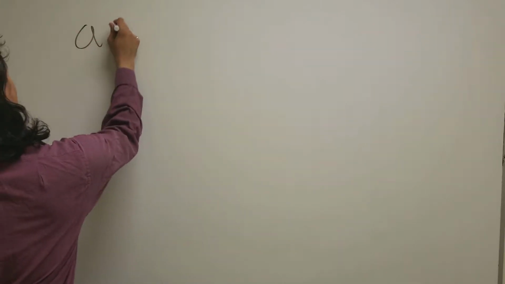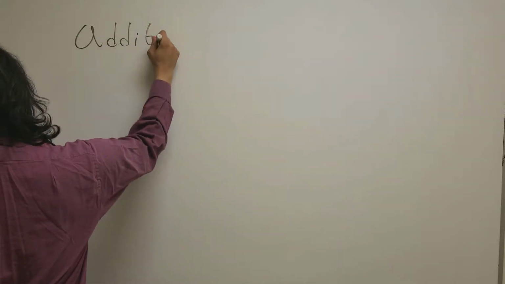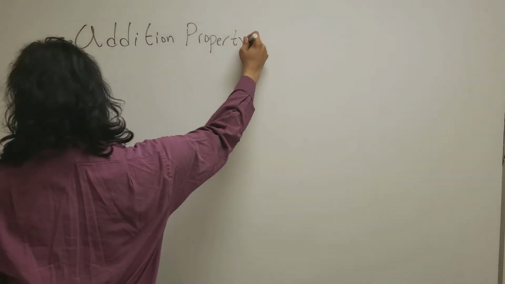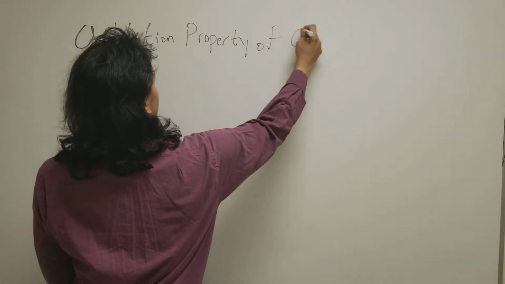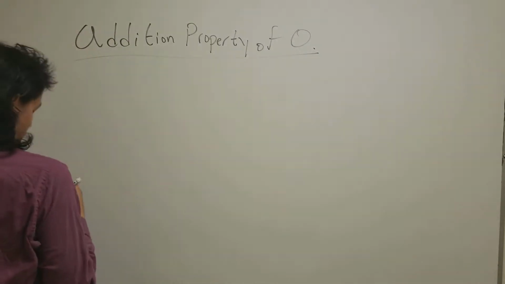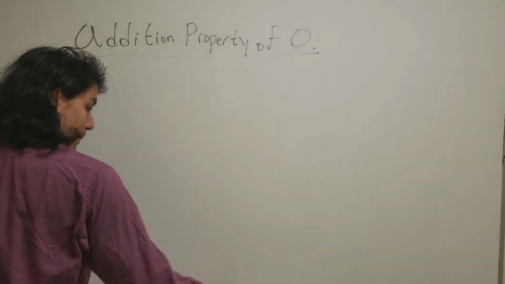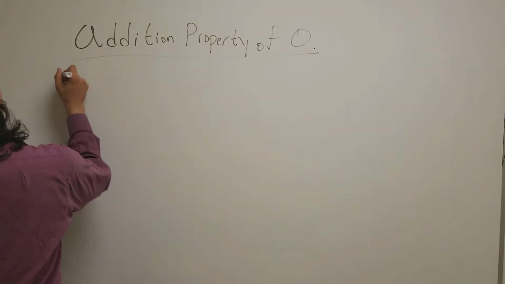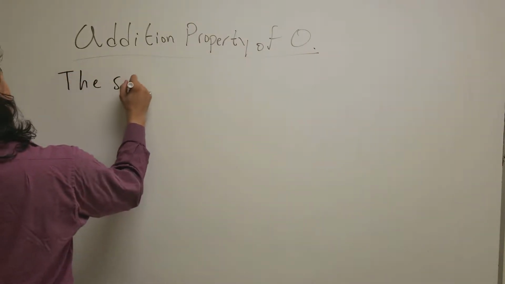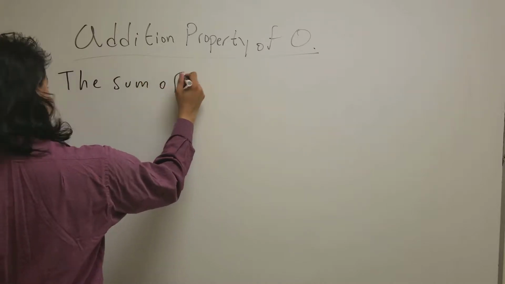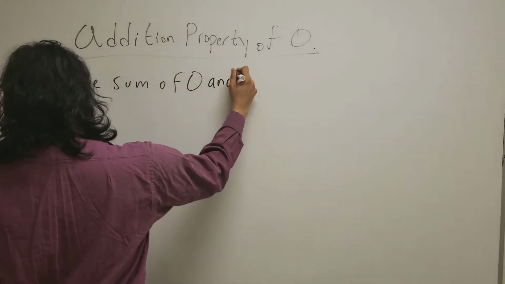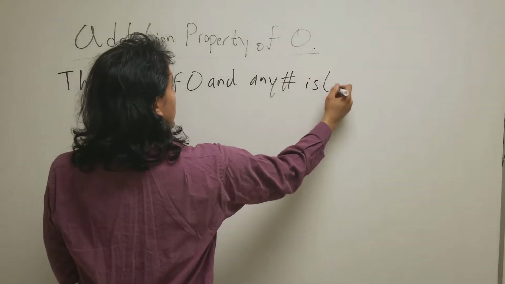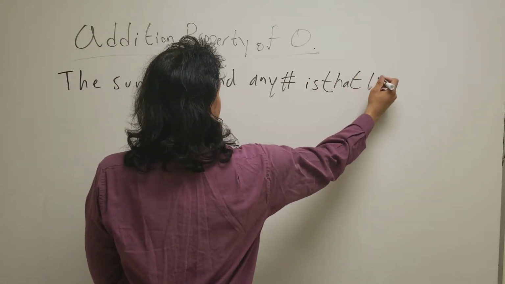So the first property is addition property of 0. Okay, marker's dead. All right. So this just states the sum of 0 and any number is that number.